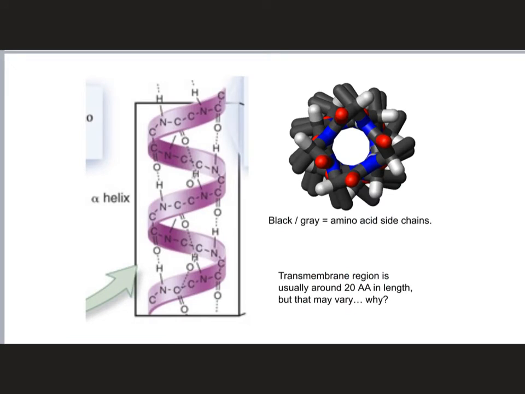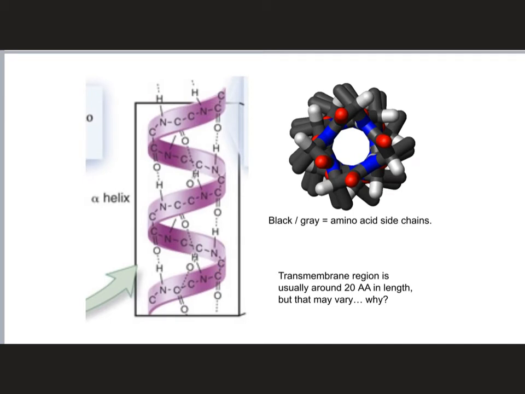If we take a look at our alpha helix here, we see that it spirals around, as we know, but goes straight up and down. And what's key here is each amine group is hydrogen bonded to a carbonyl group that is actually 4 amino acids away.